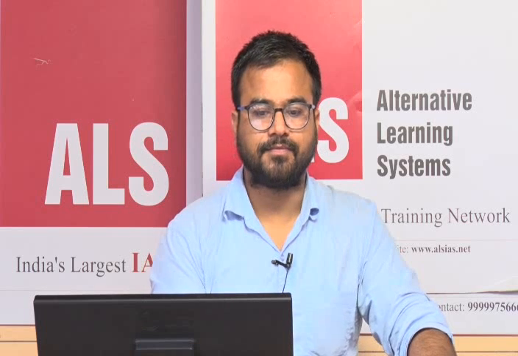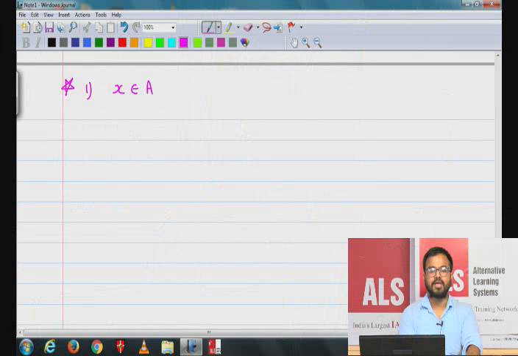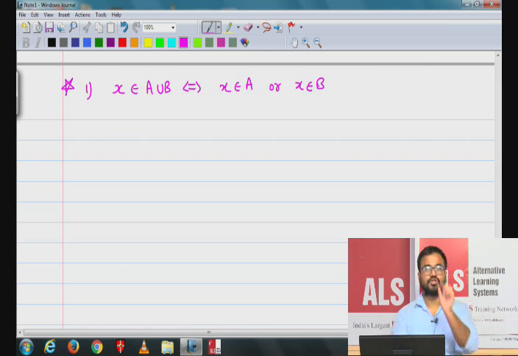First thing, if X belongs to A union B, this is same as X belongs to A or X belongs to B. Make sure of the use of the word OR and AND, the two operators.